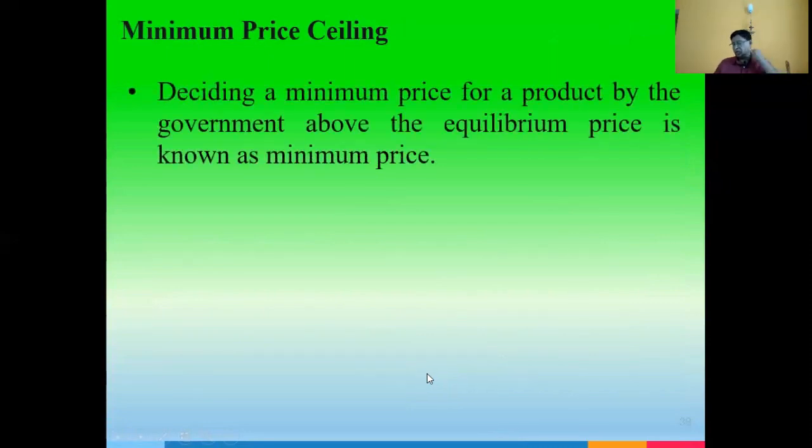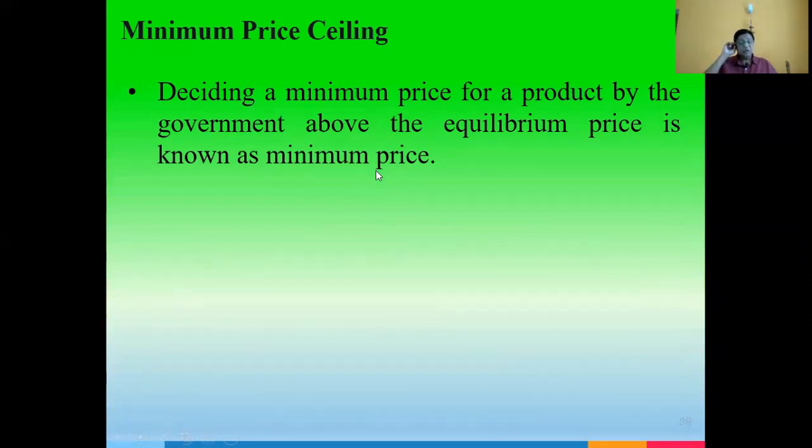Now I would like to explain another method of government intervention in the market mechanism, that is called minimum price ceiling. Deciding a minimum price for a product by the government above the equilibrium price is known as minimum price. When the government decides a price above the equilibrium price for the benefit of producers, it is called minimum price.